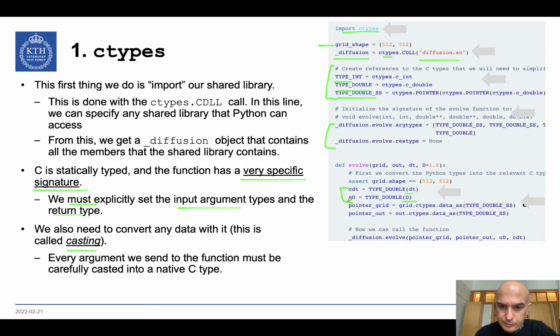Here we also need to do this casting to the pointer. Once we have done that, we can actually call our library, called diffusion, and then we have the evolve function in it. We just do _diffusion.evolve, and then we provide exactly the arguments that are being cast to C type here and here.